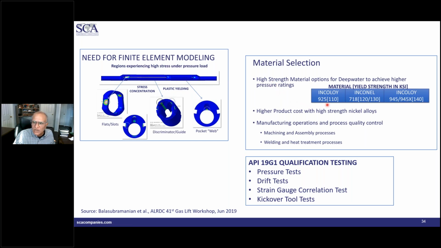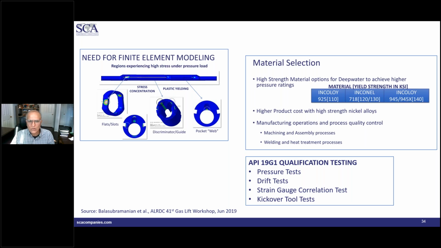They have to look at the materials, and those are expensive materials because they need to be high strength, with the yield strength exceeding 100 KSI, meaning the production costs are higher. Plus, because there are points where high stress is experienced, they have to pay attention to machining and assembly processes, welding and heat treatment processes, and a whole API standard has been developed.